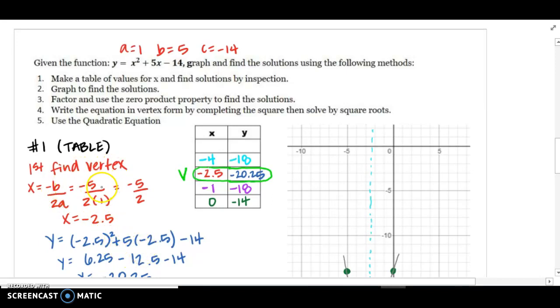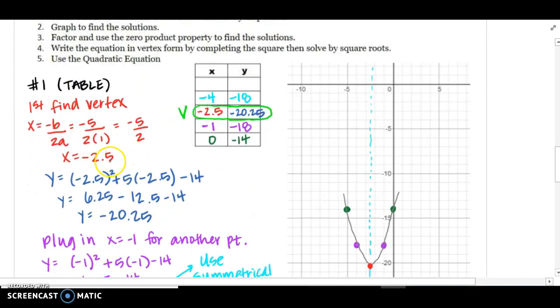So our b value is 5, so -5 over 2 times 1, so -5 divided by 2 is -2.5. I'm going to put that right there in the middle of the table. -2.5, comma -20.25, which I'll show you how to get. Once I get -2.5 for x, that's exactly what I'm going to plug into the original equation.